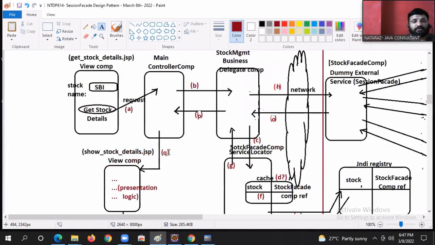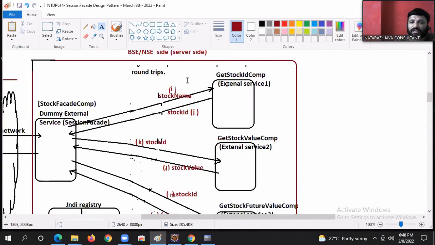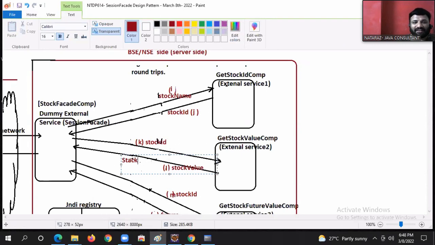Everyone got it? Yes, boss. When I give stock ID, I get the stock name. When I give stock name, I get the stock ID. No problem. When I give stock ID, I will get stock details. Generally stock details will come in the form of what?